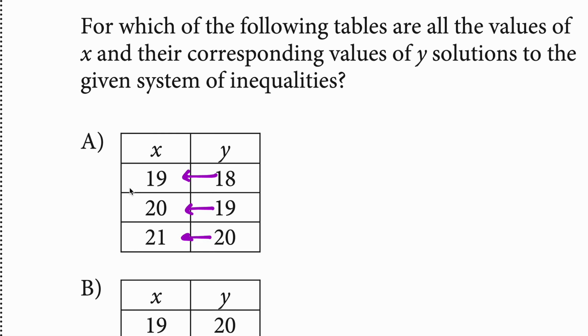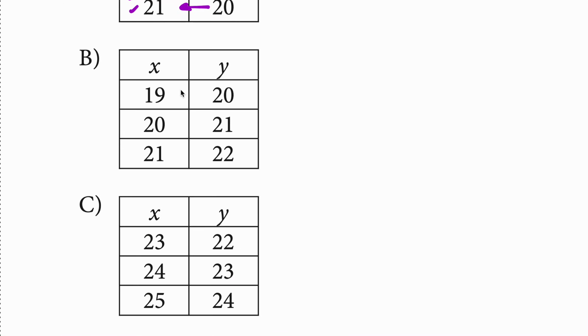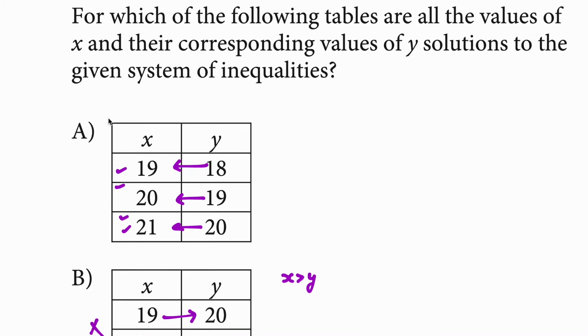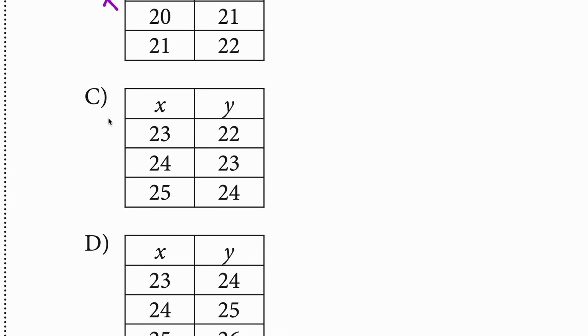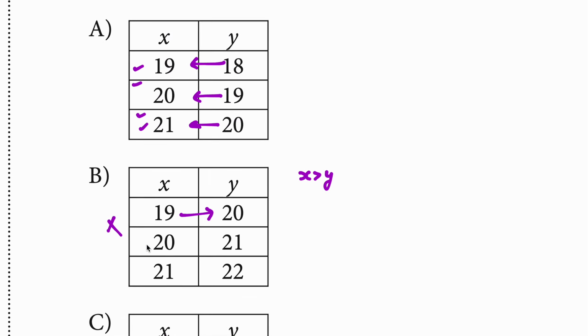And x should be less than 22. Yes, it is also satisfied. So A seems to be the right answer, but let's check. No, here y is greater than x. X has to be greater than y, so this is cancelled. X has to be less than 22. In option C, this x is 23, 24. That is just the opposite. No. Here also it's 23, 24, 25. So A is the right option.